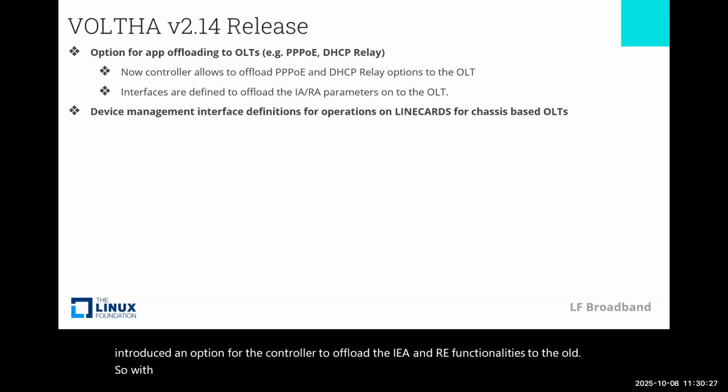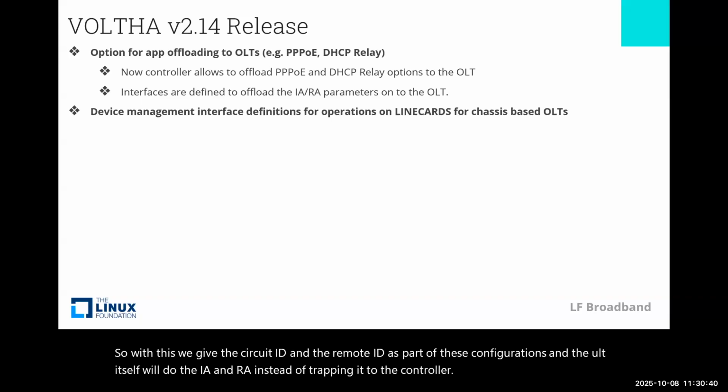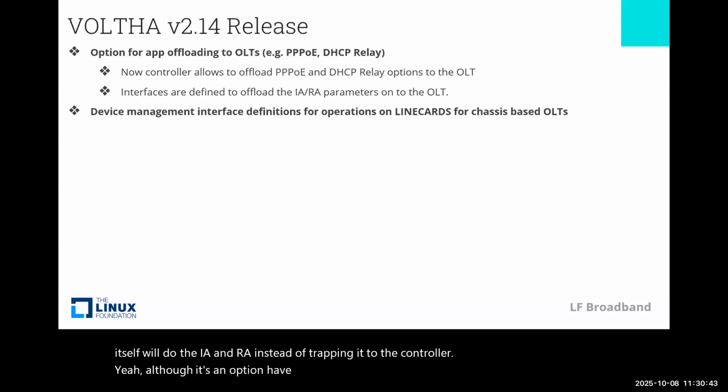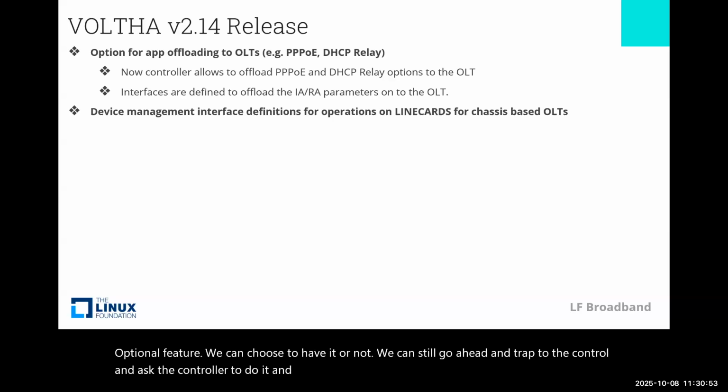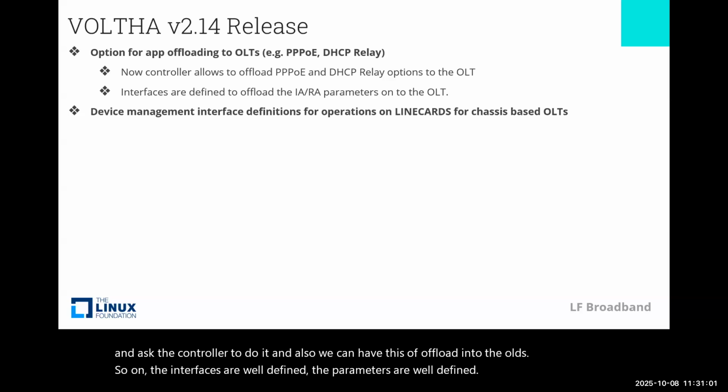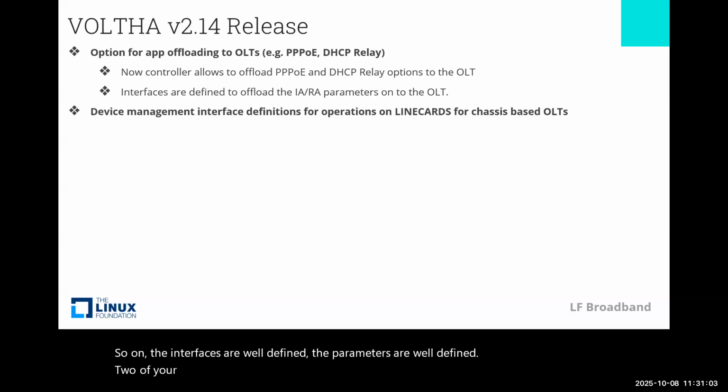With this, we keep the circuit ID and the remote ID as part of these configurations, and the OLT itself will do the IA and RA instead of trapping it to the controller. Although it's an optional feature, you can choose to have it or not. You can still trap to the controller and ask the controller to do it, and also we can have this offloading to the OLT. All the interfaces and parameters are well defined to offload to the OLT.